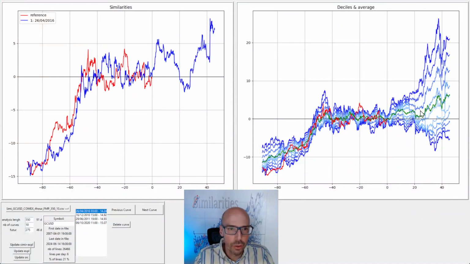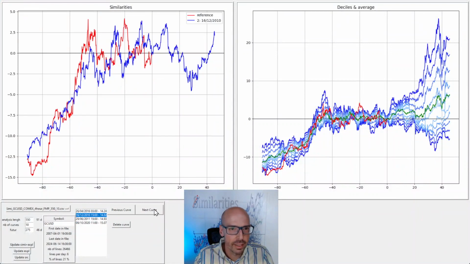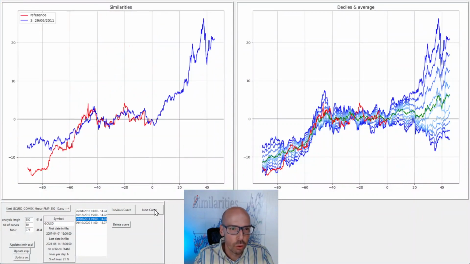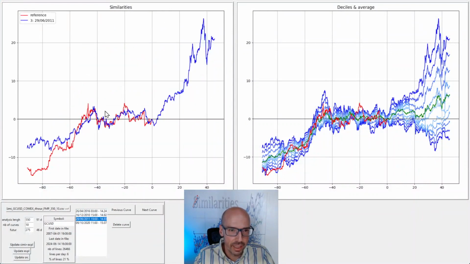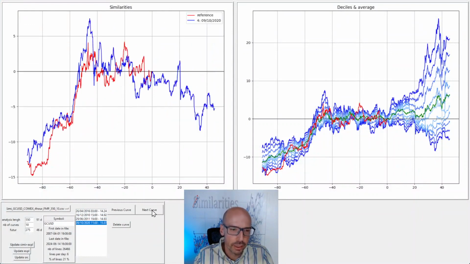Okay, the result of the 4 curves that I have here, which come from the 10 curves that gave me my analysis, are, as you can see, quite flat. Just this one is going up quite quickly, but we can see here that the volatility and the shape are a bit different, so I'm not that sure about it.